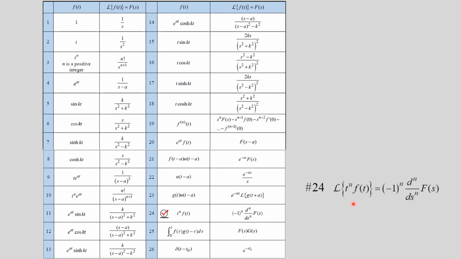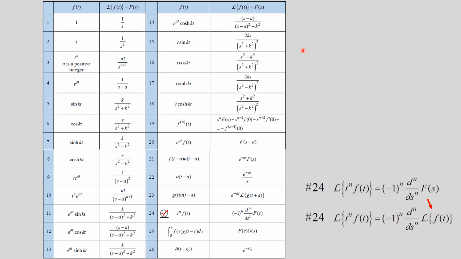Formula number 24 can be rewritten as the Laplace transform of t to the power of n f of t is equal to negative 1 to the power of n, the nth derivative of the Laplace transform of f of t with respect to s. Okay, because F(s) is the same as the Laplace transform of f of t.